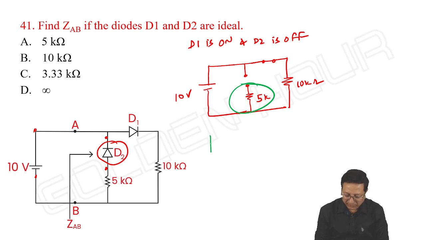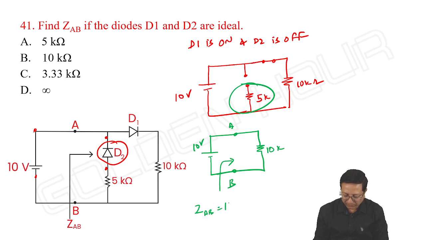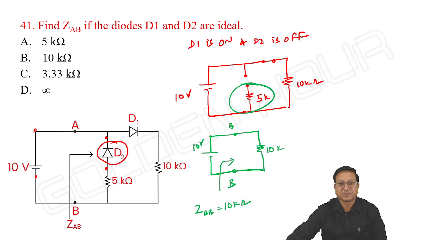So that our equivalent circuit, terminals AB, 10K, 10 volts. So the impedance looking into the two terminals is 10 kilo ohms. That's it. A very simple question it is.